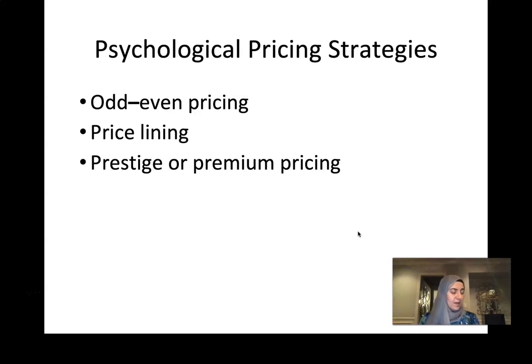And then finally, prestige or premium pricing is when I don't really need to price my item at such a high price in terms of it being profitable, but I do so because that is just part of its appeal. In other words, the demand curve is upside down.